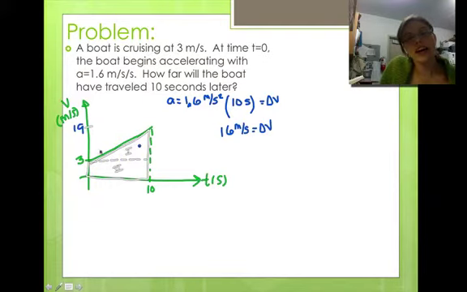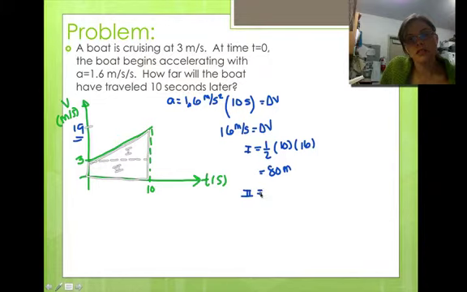Okay, so now that we have this number here, we can solve for the areas. And we'll go ahead and do that quickly. So area 1 is 1/2 the base, which is 10, times the height, which is 16. So that is equal to 80 meters.